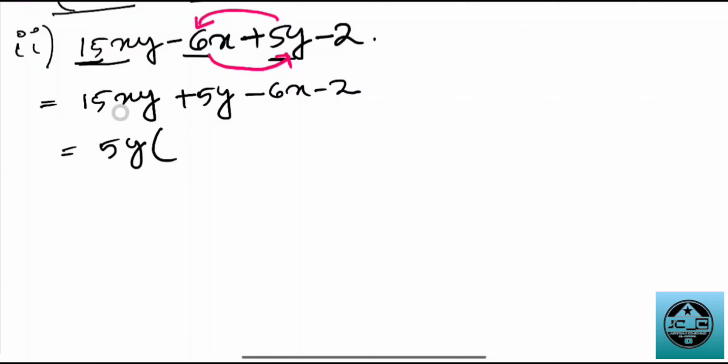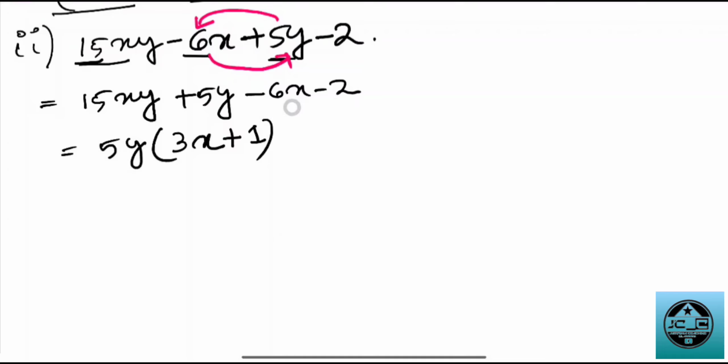If I take 5y out, 3x remains, and from 5y, 1 remains, so we get 3x plus 1. But here we need 3x plus 1 and the other term has a minus. Whenever this kind of problem comes up, do one thing: if plus common doesn't work, take minus common. Taking minus 2 common gives us 3x plus 1.